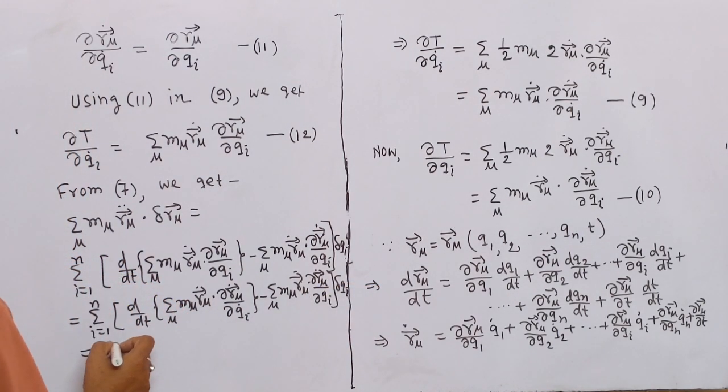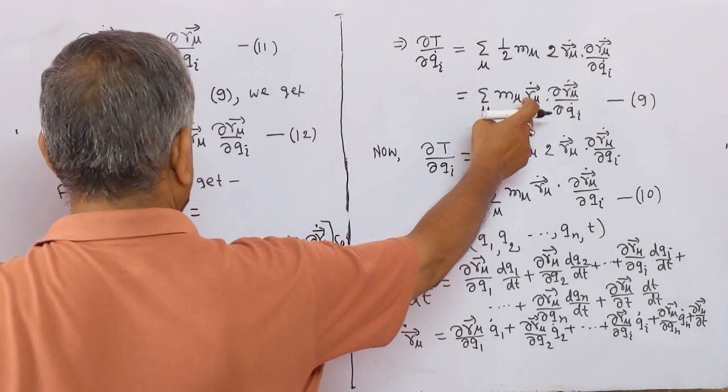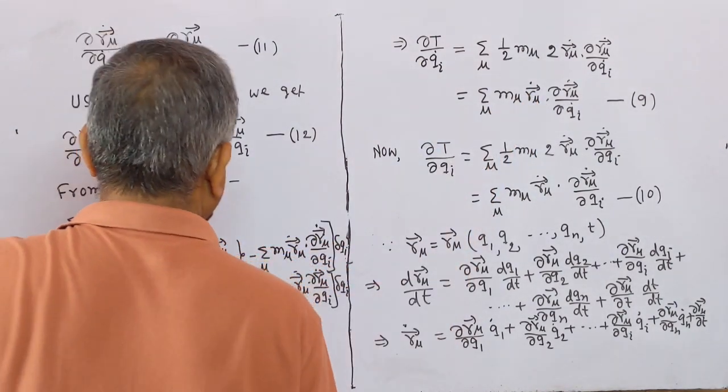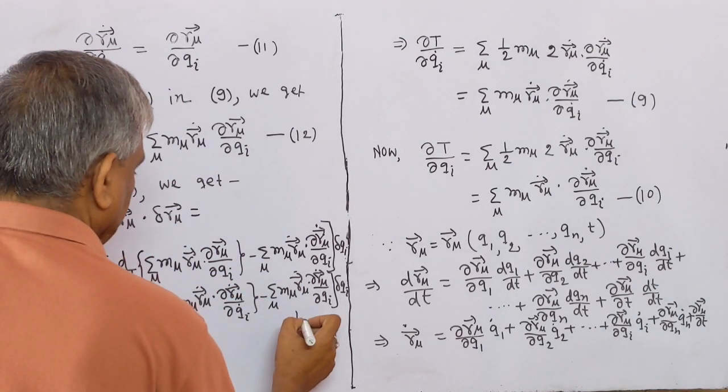This will be equal to sigma i equal to 1 to n, this value from 9, and this is by 11.